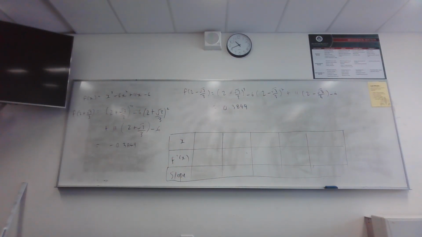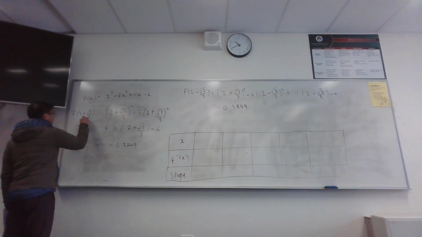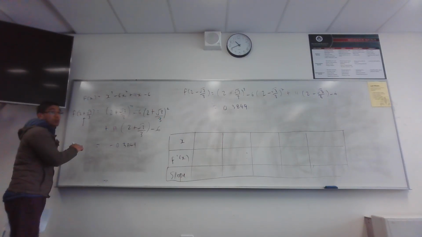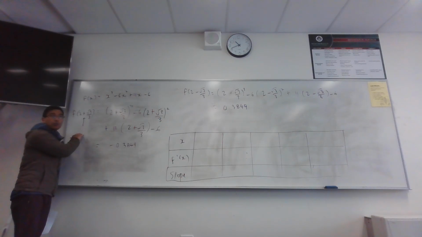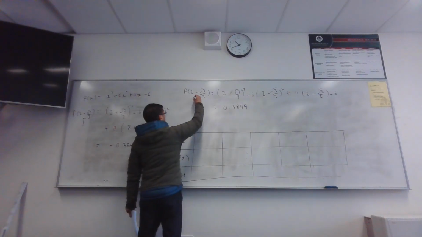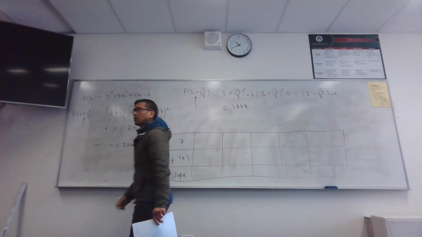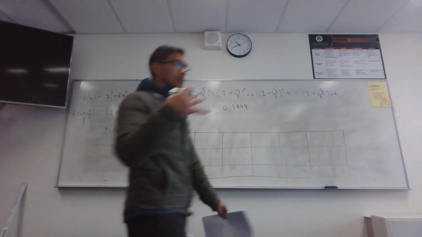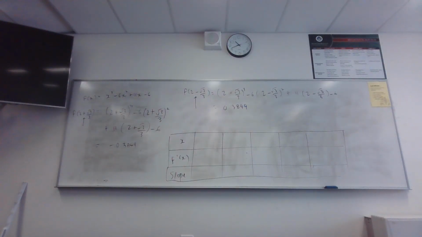So we now know. Can someone tell me 2 plus root 3 on 3? What's that as a decimal? Can everyone do that? What is that, please? And someone else do what this one is, please? We want to put them into decimals so we know what we're looking for.